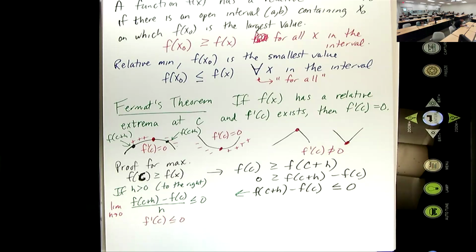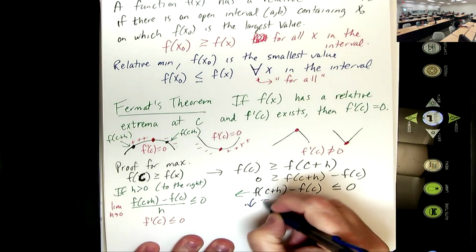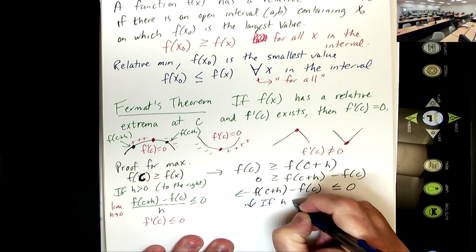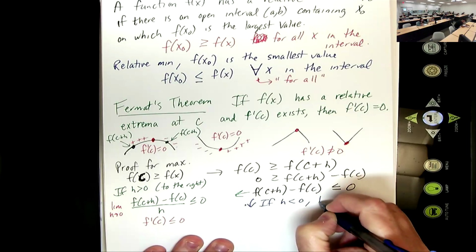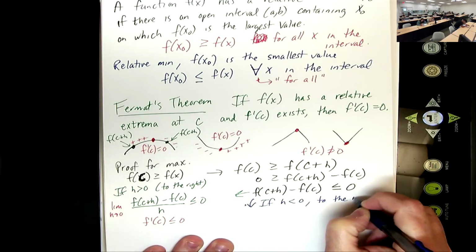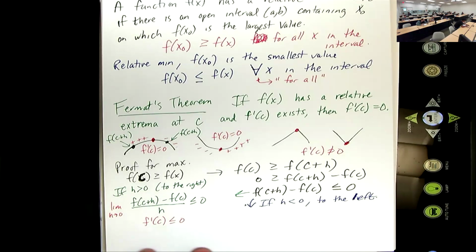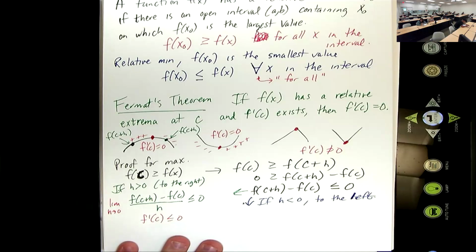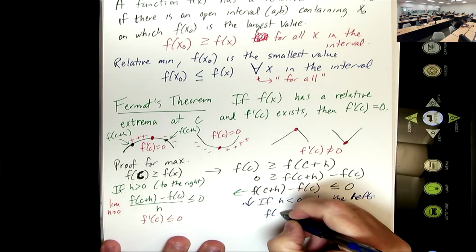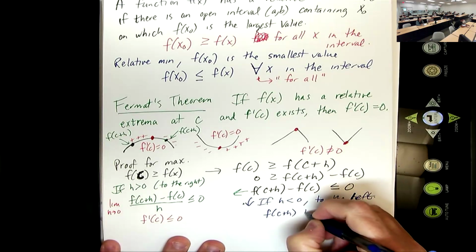So that was h greater than 0. What if h is negative? h is less than 0, like to the left. What happens to the sign of f of c plus h minus f of c?